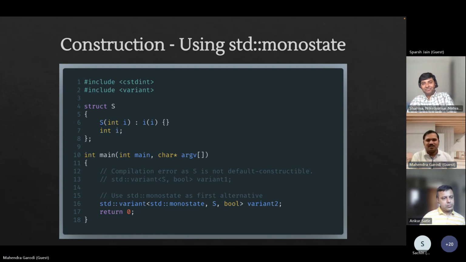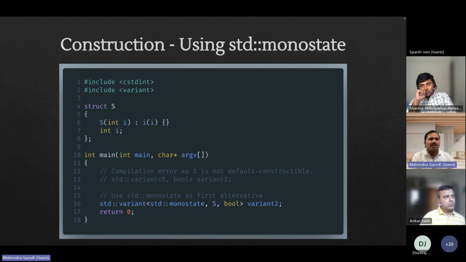Dheeraj? Yep, I have a question related to this monostate only. You said monostate is an empty structure, right? When we initialize a variant, it initializes the first element only, if I'm not giving any in-place type or anything, right?